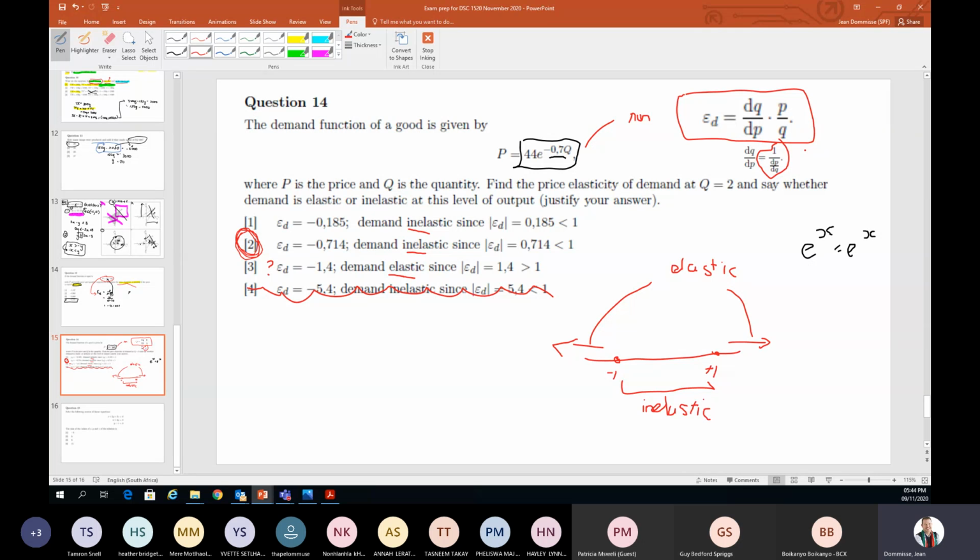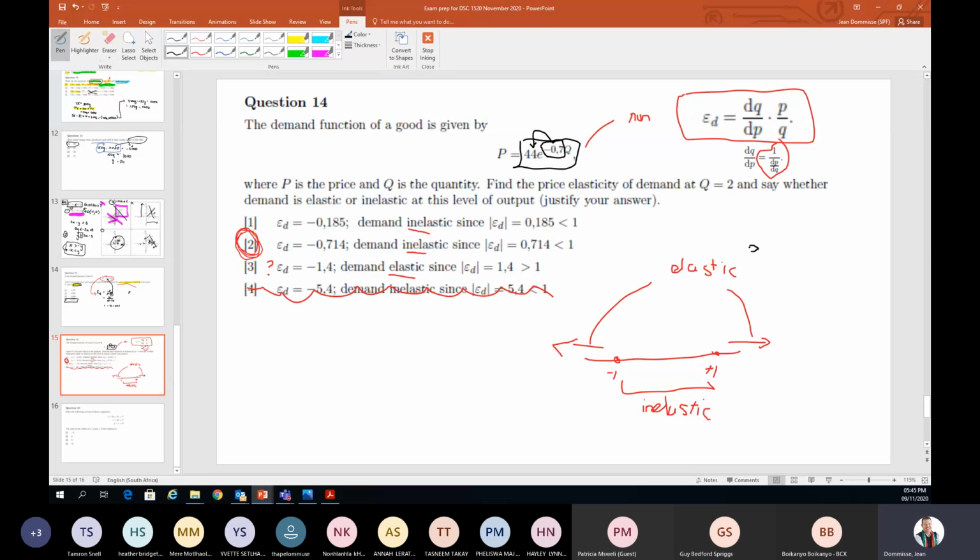Okay, so when you differentiate that, the 2 part goes to the front. So that is the one that I couldn't remember.